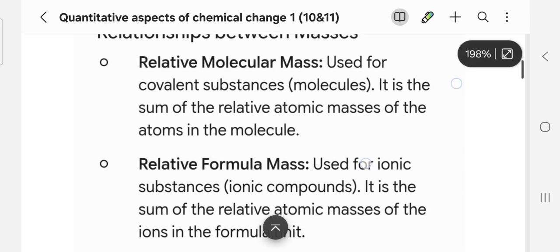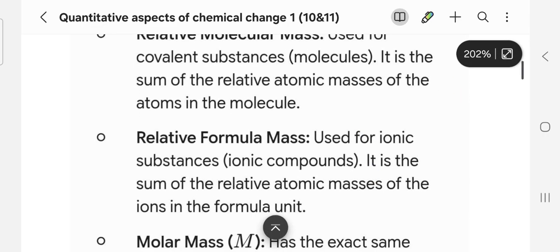All right, then we move on to another definition. This time we are looking at the definition of relative formula mass. Relative formula mass is used for ionic substances, or you can say ionic compounds. What comes to mind when you talk of ionic substances? We're talking of substances which are formed due to the transfer of what? Electrons, and this happens between a metal and a non-metal.